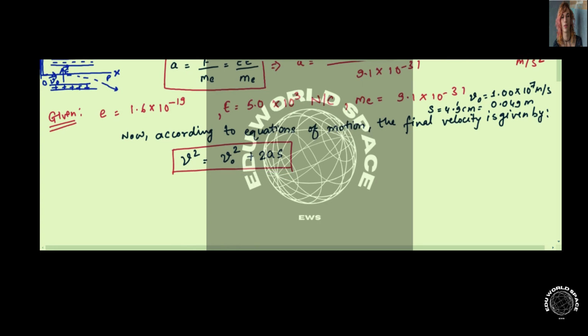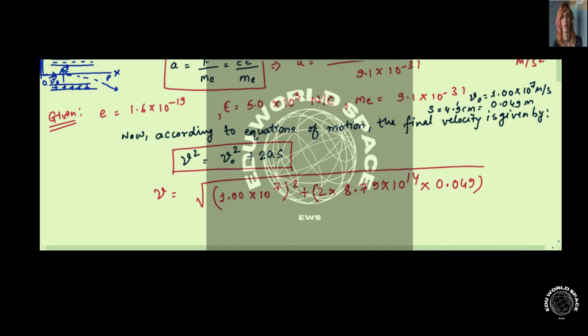So we will get V as the square root of V naught square, V naught square is 1.00 into 10 to the power 7, whole square, plus 2 into a, the acceleration, 8.79 into 10 to the power 14, multiplied with the distance, that is 0.049.